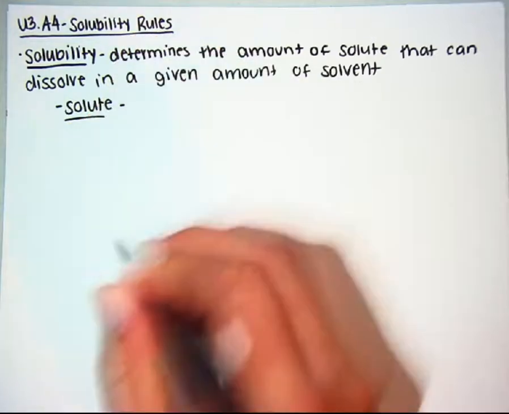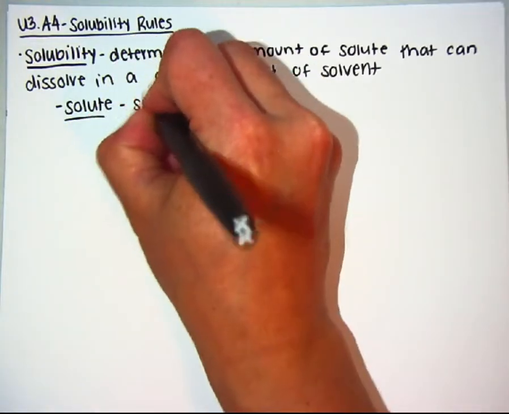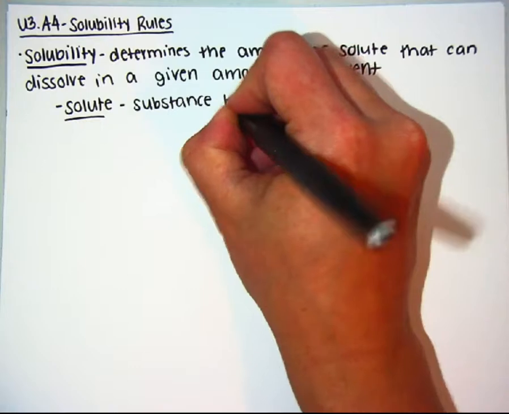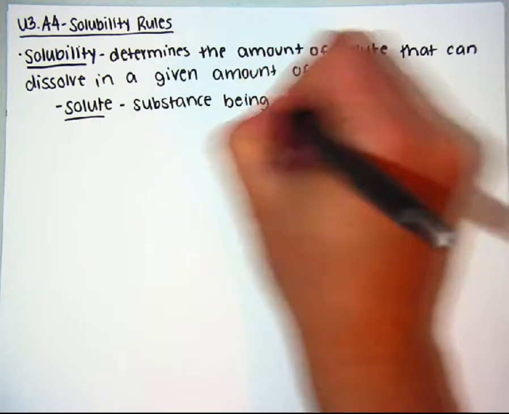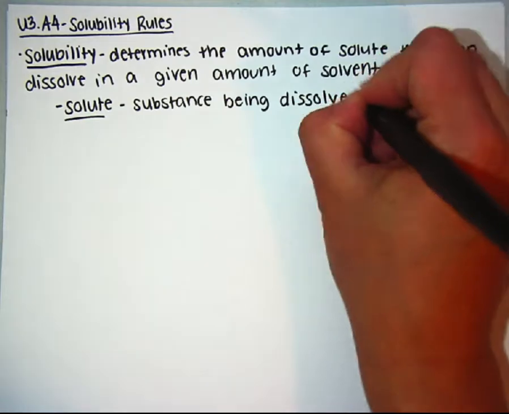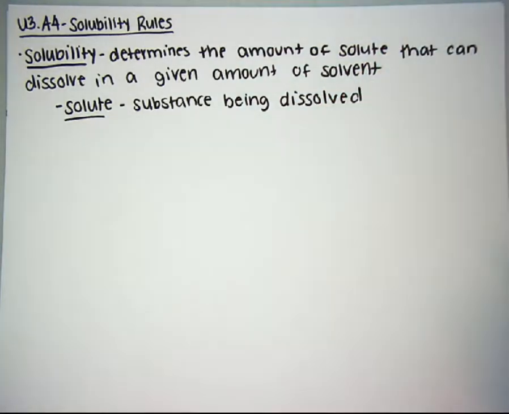Solute is the substance being dissolved. So let's say we were dissolving an ionic compound in water. We were putting sodium chloride in water. The sodium chloride, which is table salt, would be dissolved.